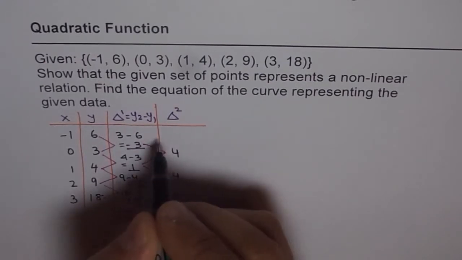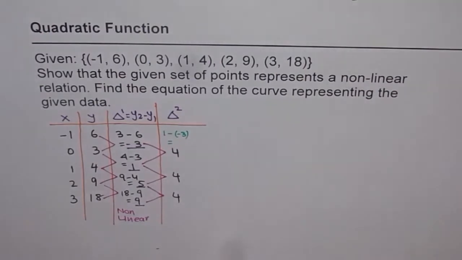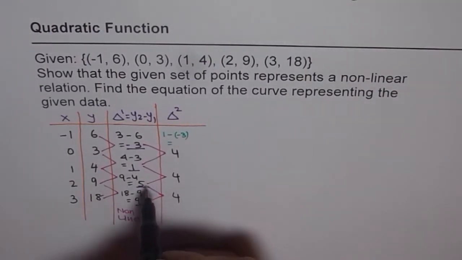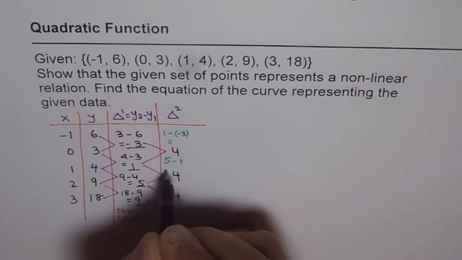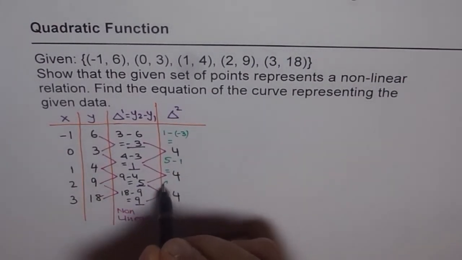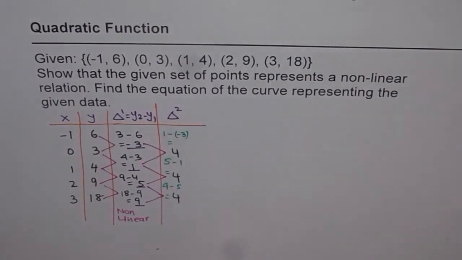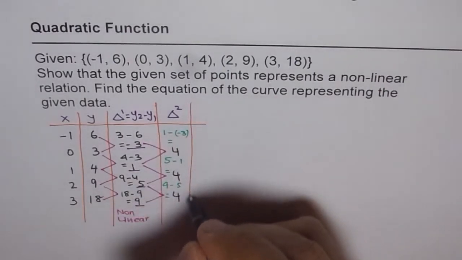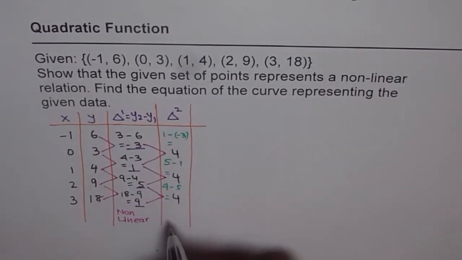So what we did here, let me write it down so it's absolutely clear to all, and that is we did 1 minus of -3, which gives 4 to us, right? And then we did 5 minus 1, which is equal to 4, and then we did 9 minus 5. That was 4. Now since the second finite difference is constant, which is 4, we say it's quadratic in nature, right?